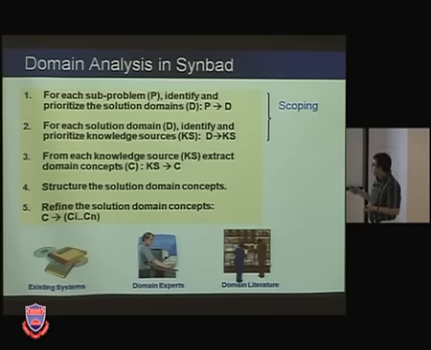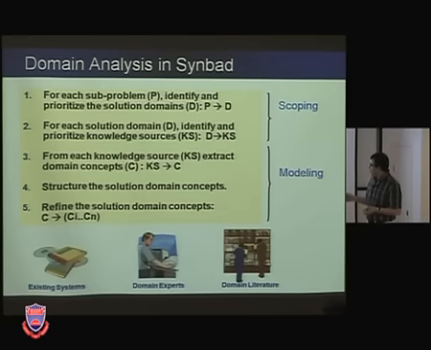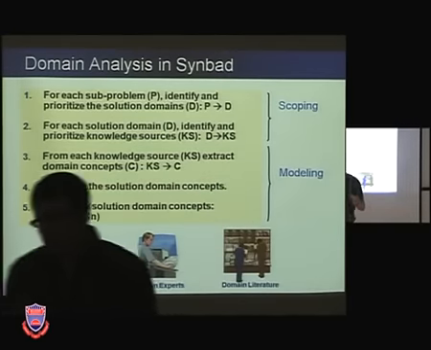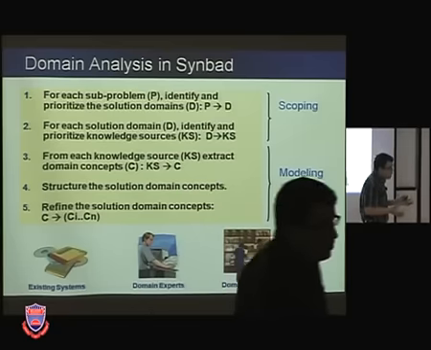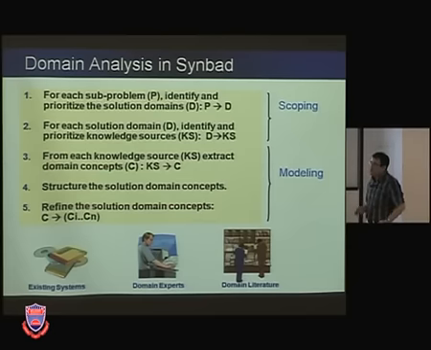So this is the scoping. And once we have the knowledge sources, we extract the domain concepts, structure these, and model these. If needed, we define the solution domain concepts. If the domain is very large, a sub-domain concept can have an internal structure itself. So we just refine the domain concepts further.